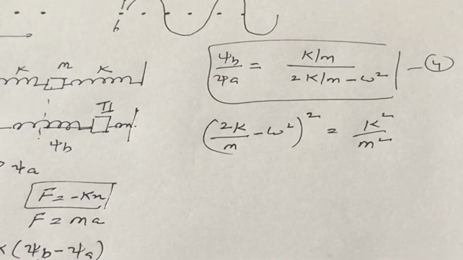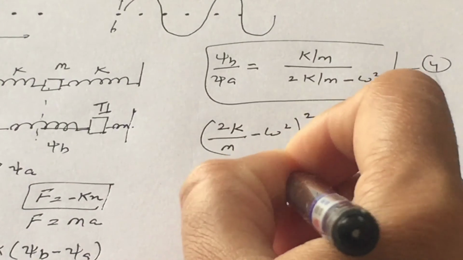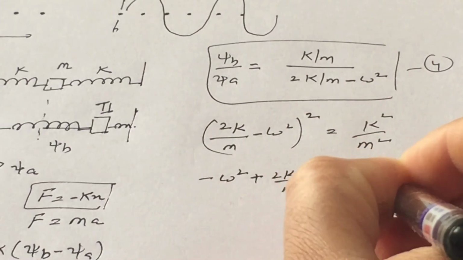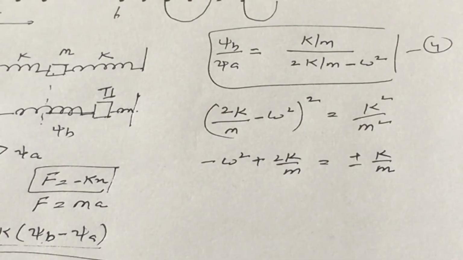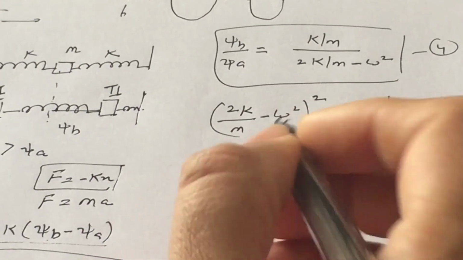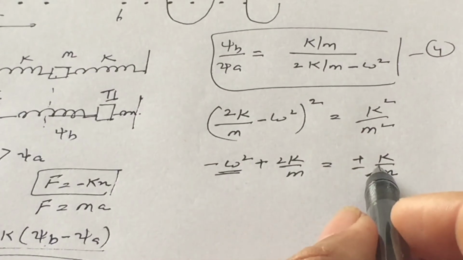Just take the square root on both sides, and minus omega square plus 2k by m is equal to plus or minus k by m. We have to find the angular frequencies for our longitudinal mode, that is, we have to calculate omega. In this case, omega has two values.